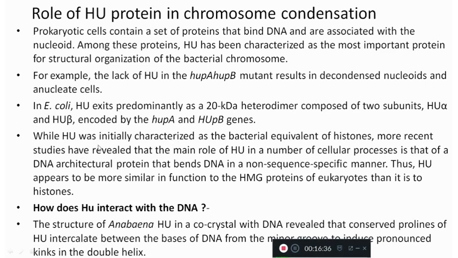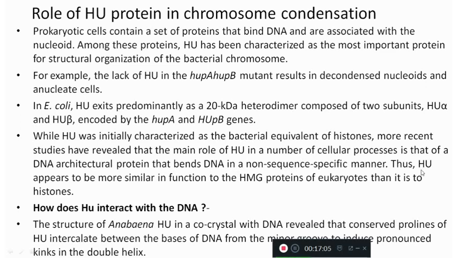Now, while HU was initially characterized as the bacterial equivalent of histone proteins, it was initially said that these HU proteins are the equivalents of histone proteins of the eukaryotic system. More recent studies have revealed that the main role of HU in a number of cellular processes is that of a DNA architectural protein that bends the DNA in a non-sequence specific manner.